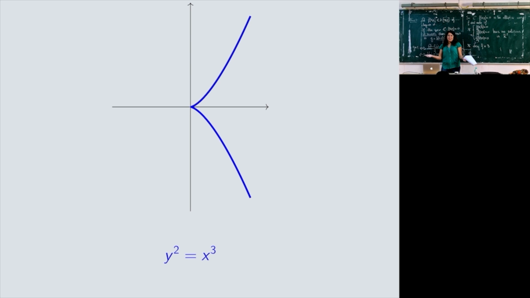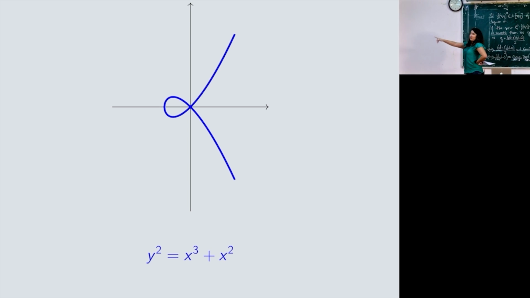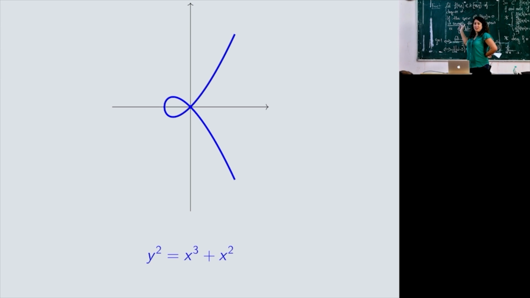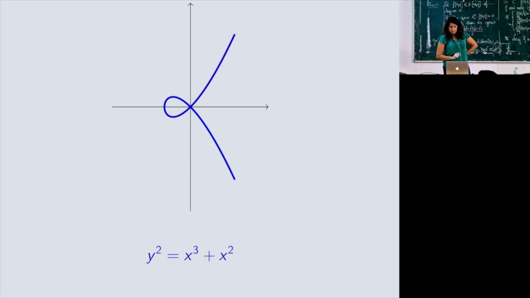Why not? But it has degree 3, right? So no, it is not smooth. What about this one? Well, when there is a self-intersection, this kind of singular point is called a node, okay? So 0, 0 is a singular point. You can do the computation and check, okay? So this is not an elliptic curve. What about this one?